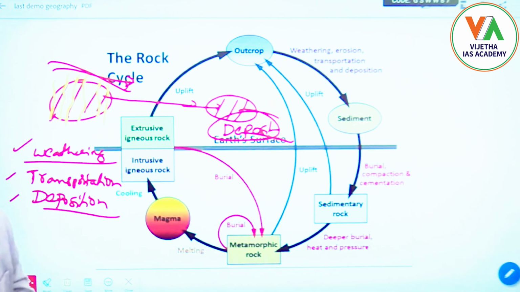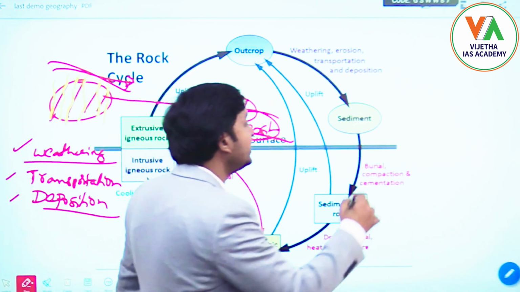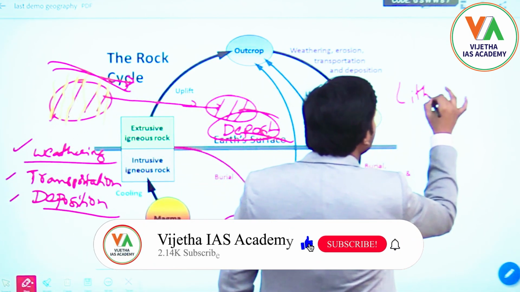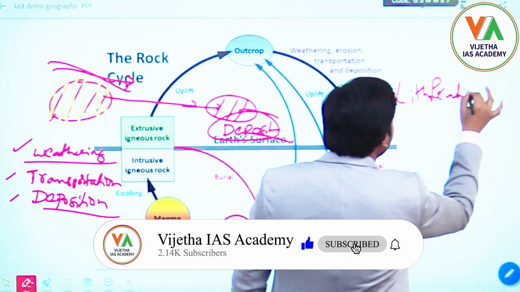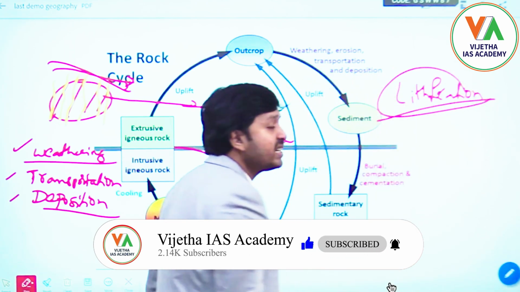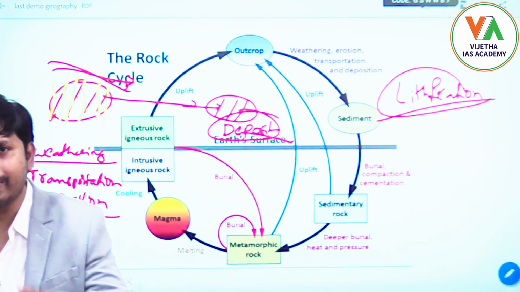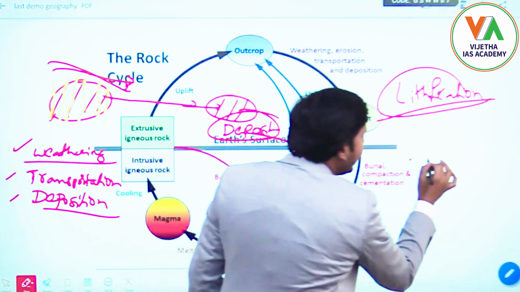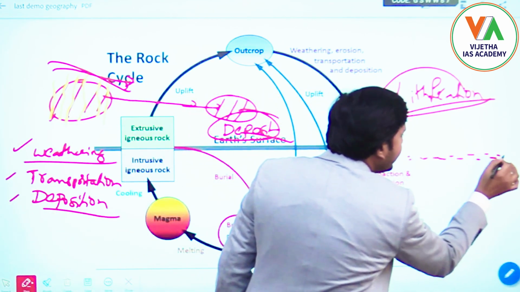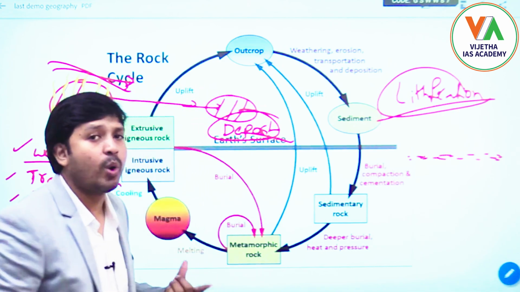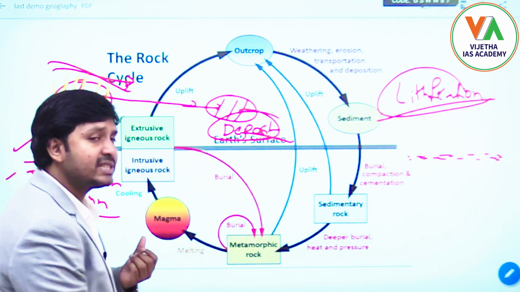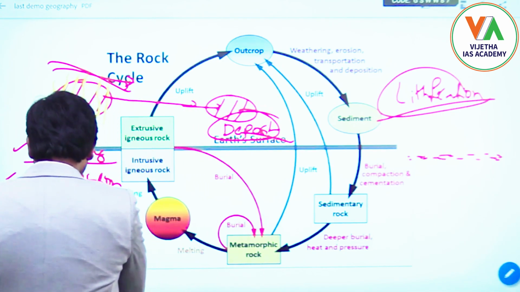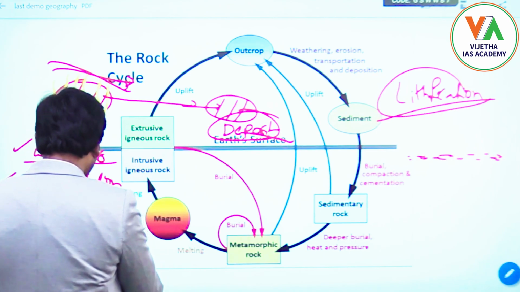After that, a process will take place which is called lithification. Lithification is nothing but compressing and consolidating the sediments. Let us assume this is the first layer of sediments that are deposited, meaning whatever sediments or rock material the water was carrying has been deposited in this first layer here.